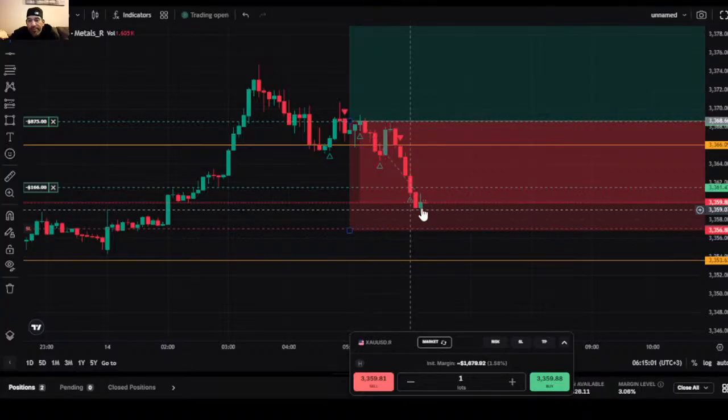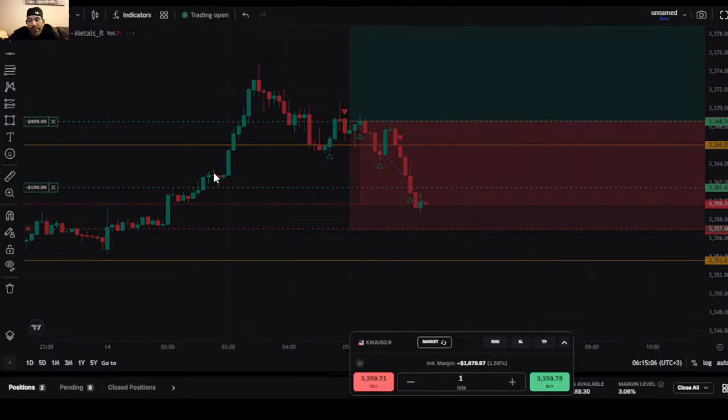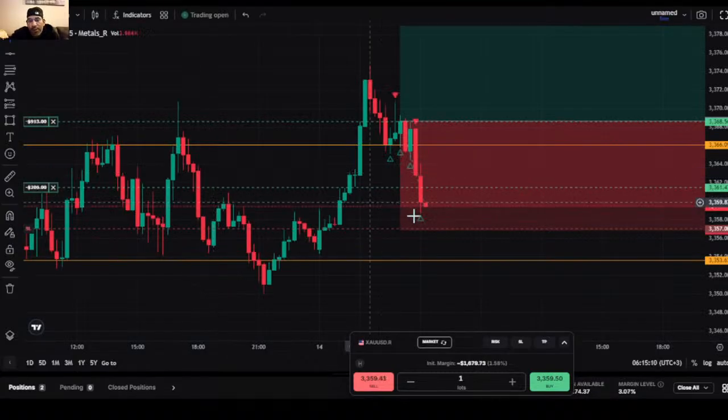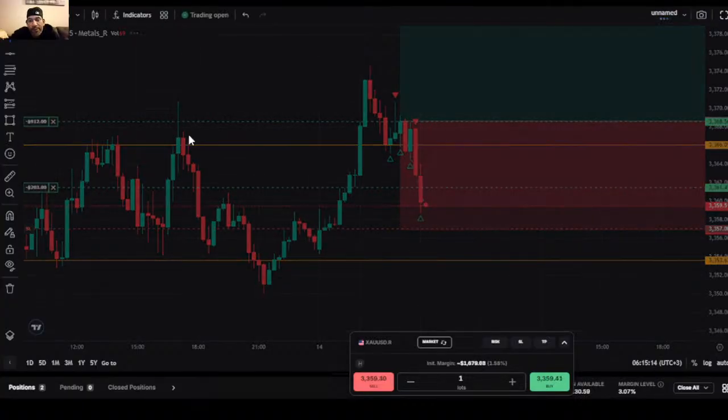All right, 1 minute close bullish there. 15, bearish closure, top wick. 30 minutes still moving.